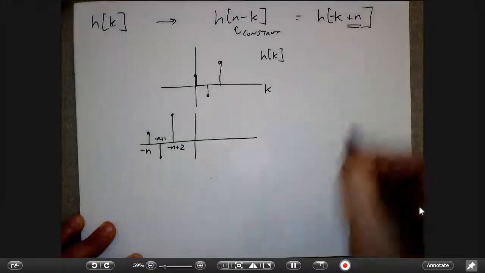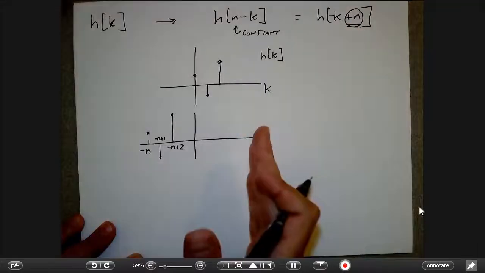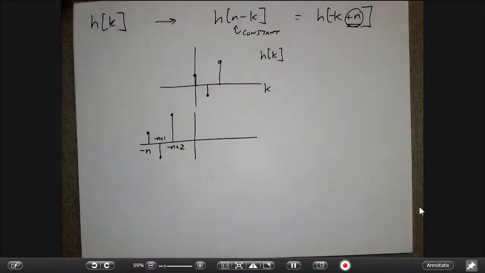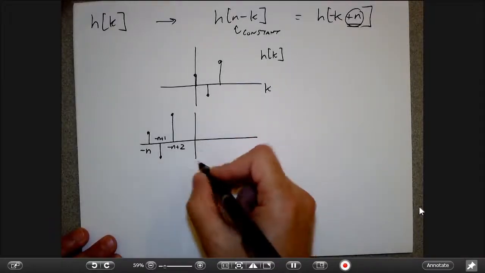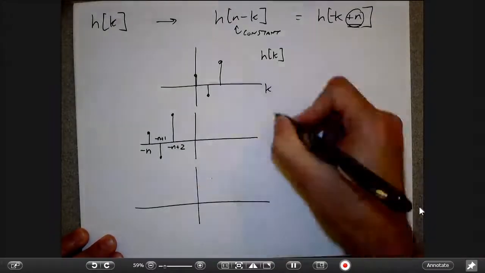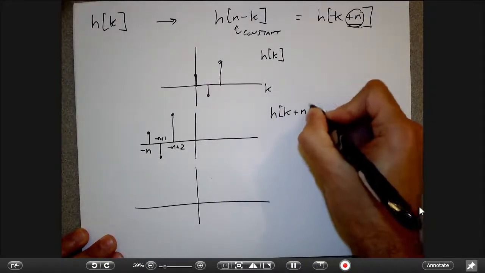Because n is a positive number, I'm delaying it back in time instead of pushing it forward. So this is like h of k plus n.